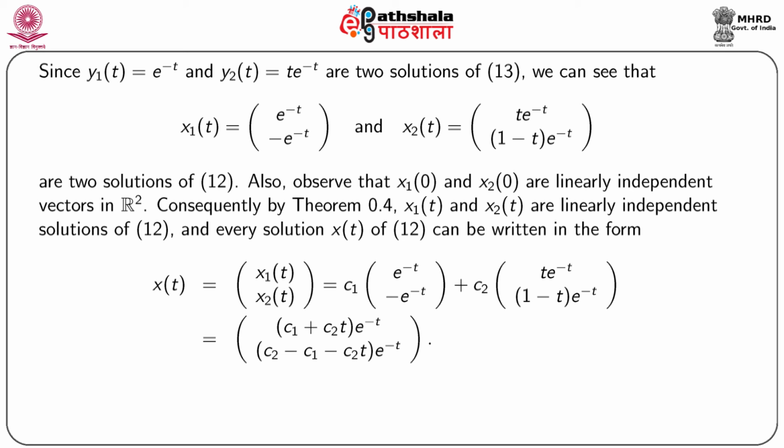Consequently, by theorem 0.4, x1 and x2 are linearly independent solutions of (12), and every solution x(t) of (12) can be written in the form x(t) = C1 x1(t) + C2 x2(t) = ((C1 + C2 t) e^(-t), (C2 - C1 - C2 t) e^(-t)), where C1 and C2 are arbitrary constants.